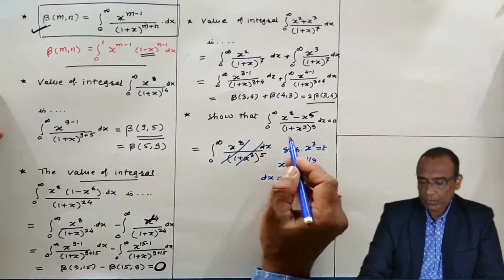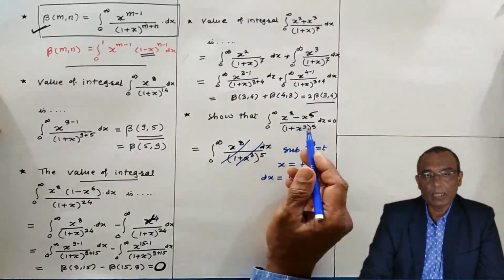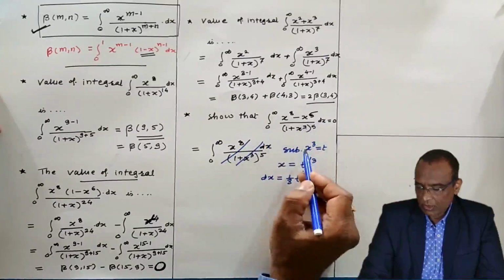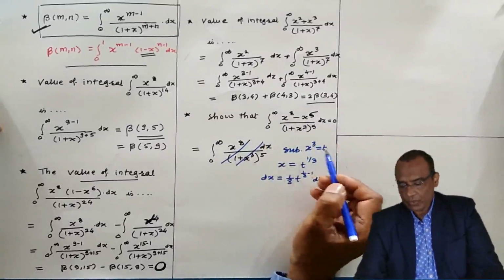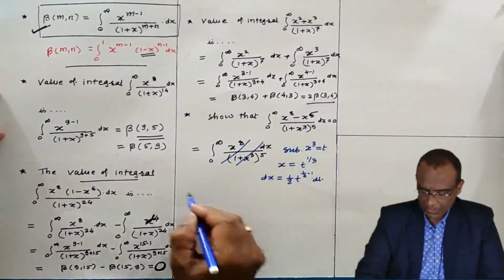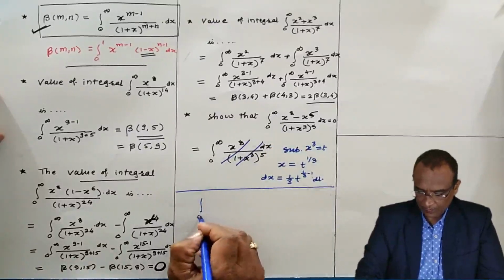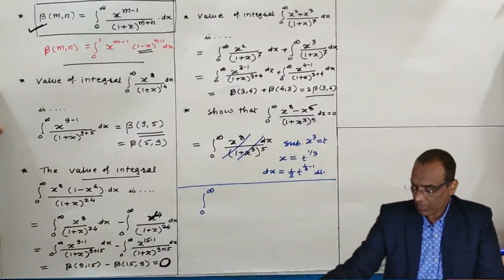Now, when you substitute anything while solving integration, you have to check whether the limits are being changed or not. See, when x is 0, t is 0. When x is infinity, t is infinity. The limits are not being changed. Now, this integral becomes 0 to infinity, limits remain the same, x power 8. What is the value of x?